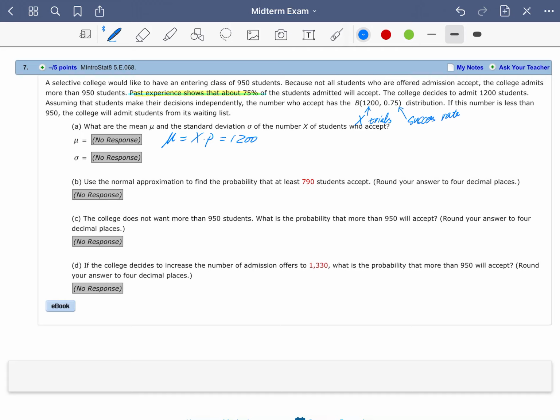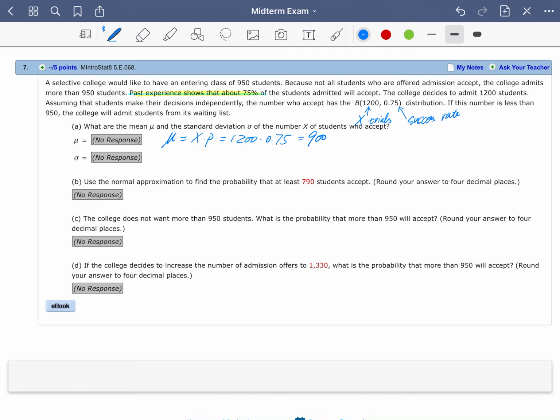The college decides to admit 1,200 students, so x is 1,200. It means they give 1,200 trials, and the success rate is when the student actually accepts the admission and appears. So 1,200 times 0.75 gives you 900.